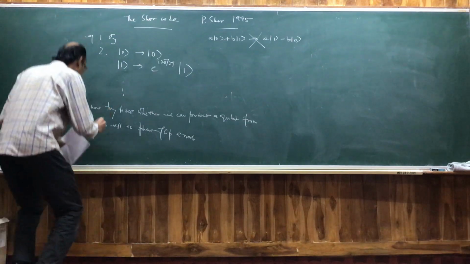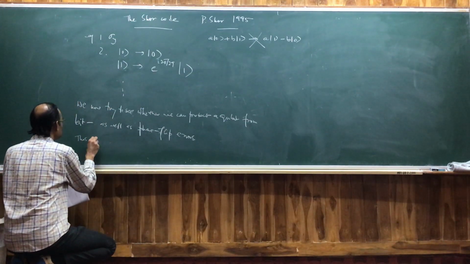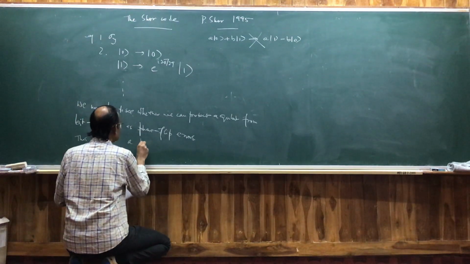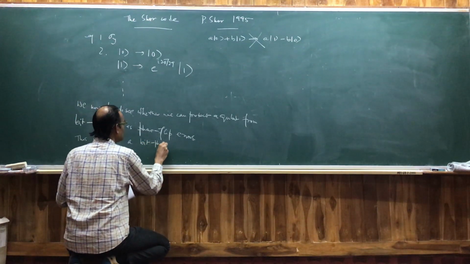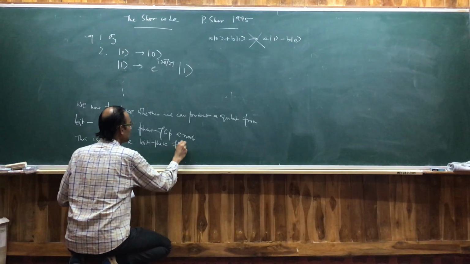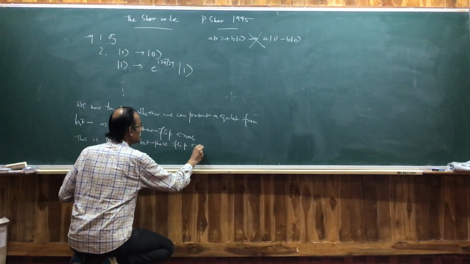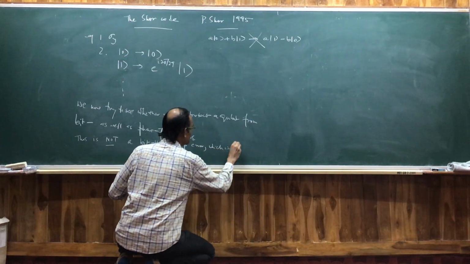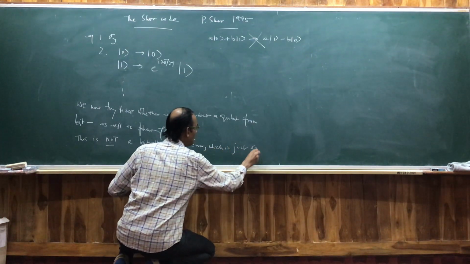So, as I said, this is called a bit phase flip error, which is just sigma y up to a phase.